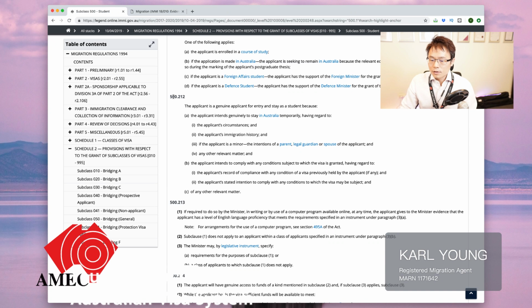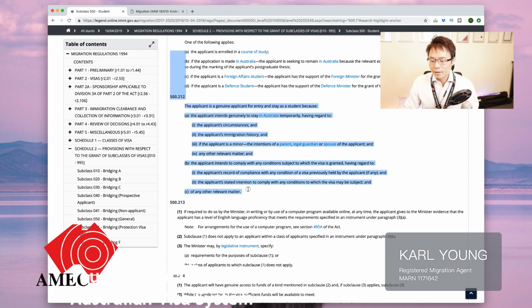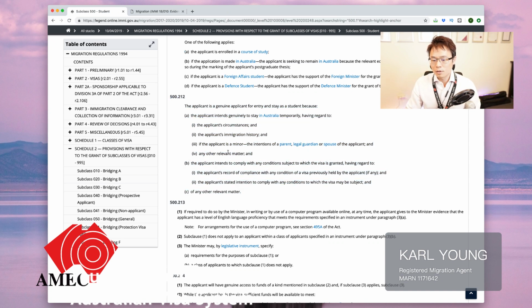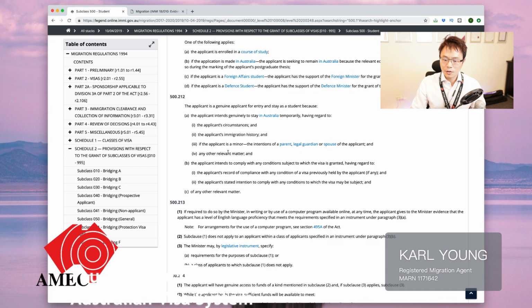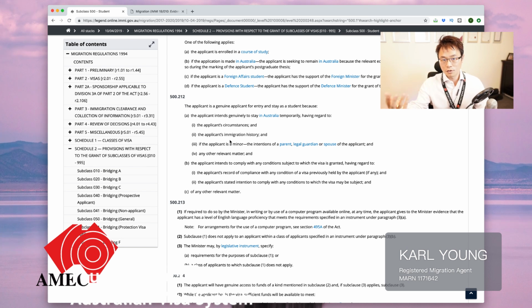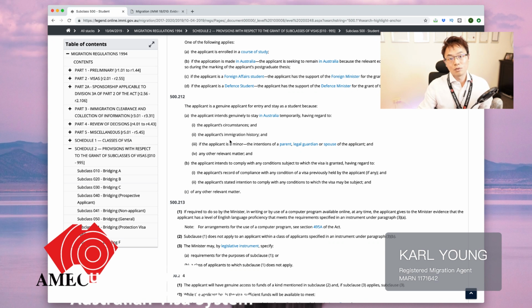It's a clause where the law and the department assess your genuine status of applying as a student visa holder. In plain English, it basically assesses whether or not you are a real student, coming to Australia to study, or coming here to do something else.